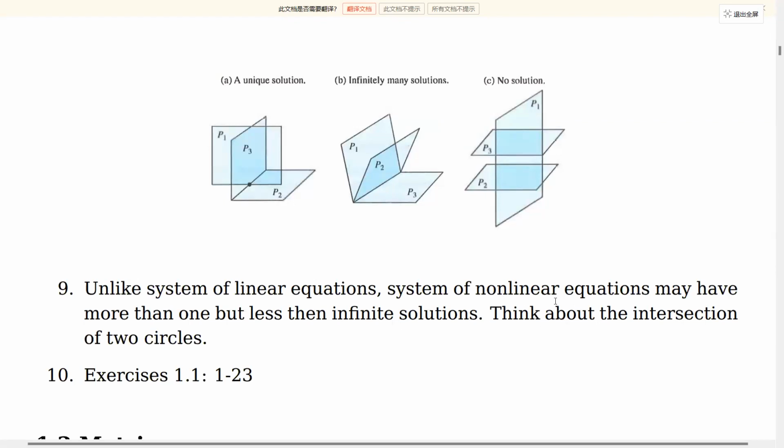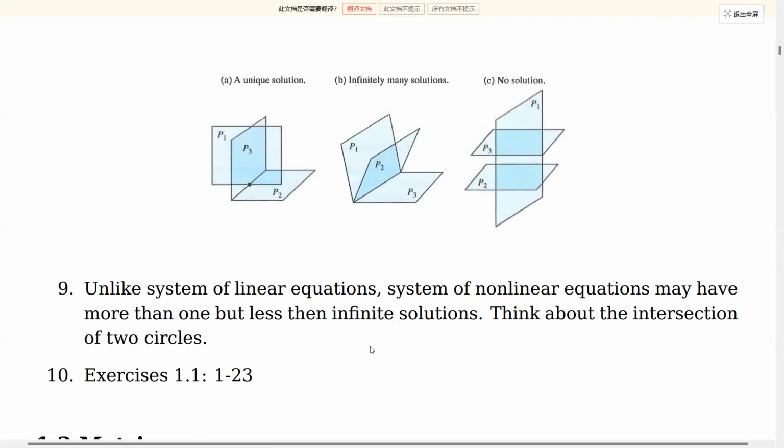A system of nonlinear equations may have more than one but fewer than infinitely many solutions. For example, if we think about 2 circles, each circle is a quadratic equation of 2 variables, isn't it? So these 2 circles can be apart, so no solution, no intersection.